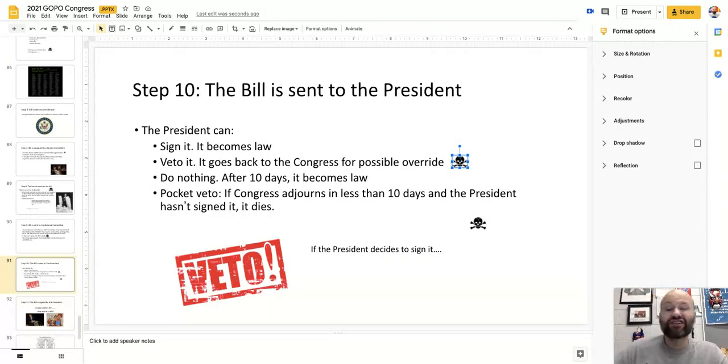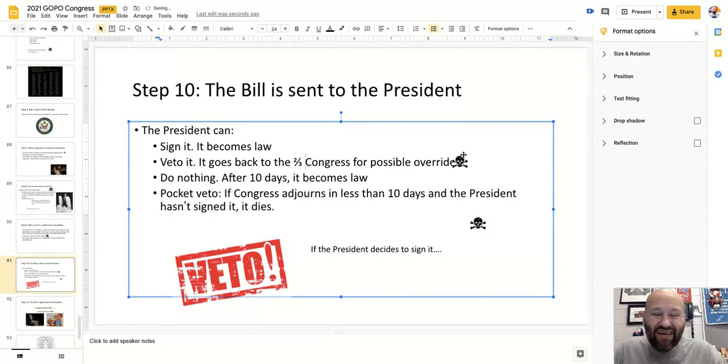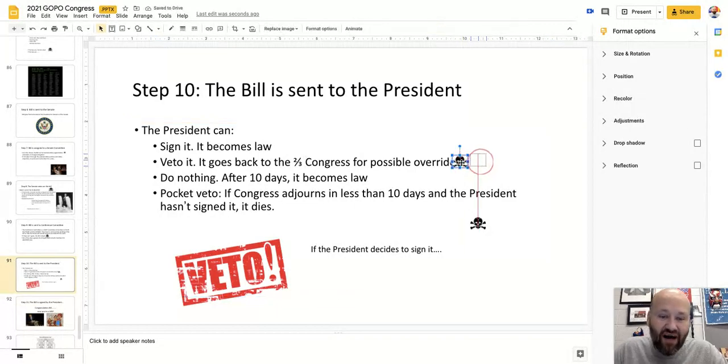But Congress can override it. This happens very rarely because we have to have 2/3 of both houses. Well, guess how many times 2/3 of a chamber, of the Senate or the House, is of one party, right?